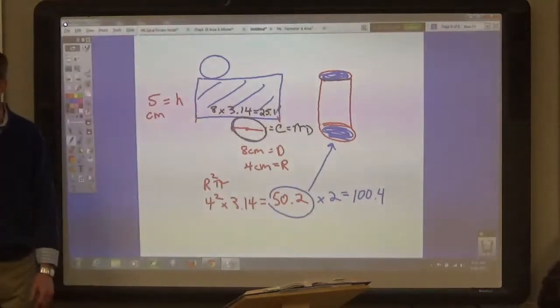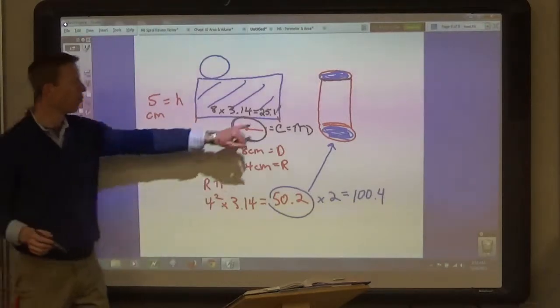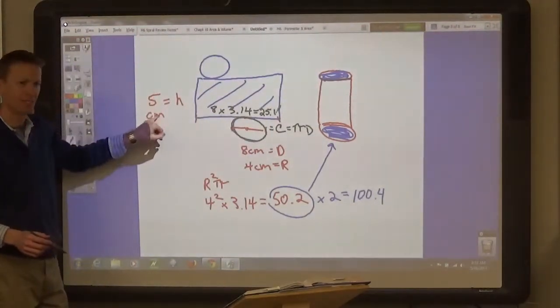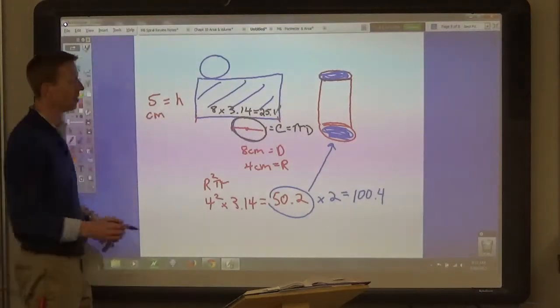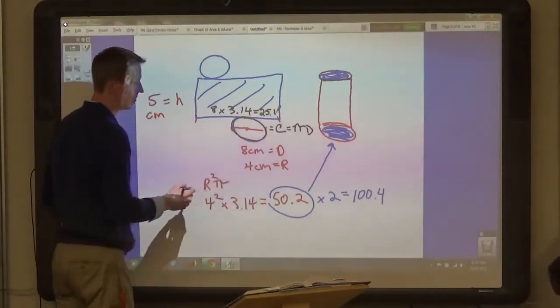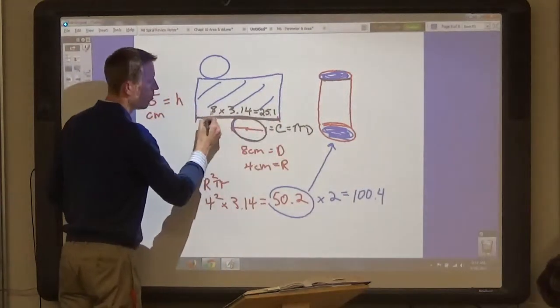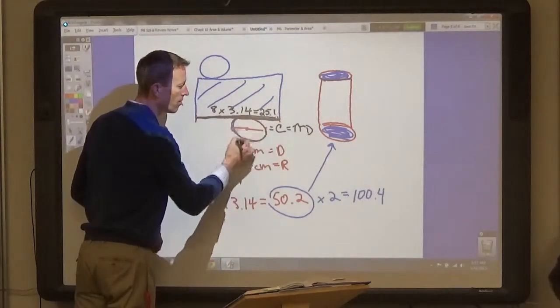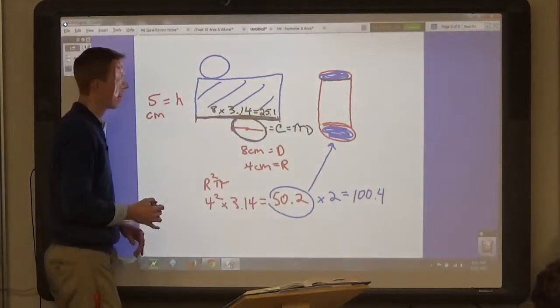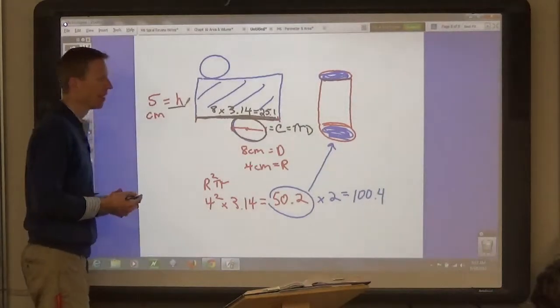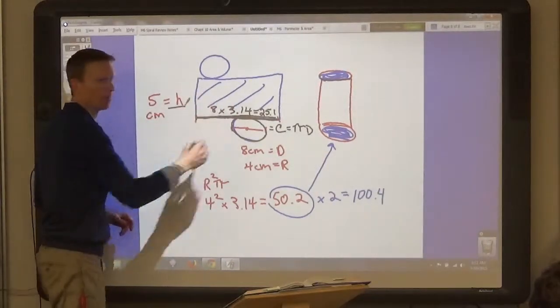So to the nearest tenth, 25.1 times the height. So this line is 25.1. That's the circumference of this circle times the height gives us the area of the rectangle.